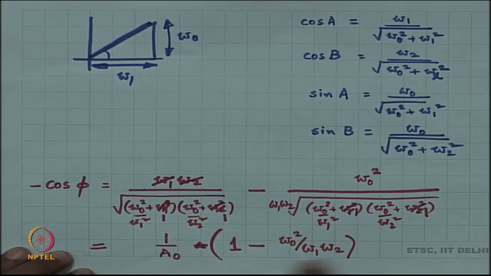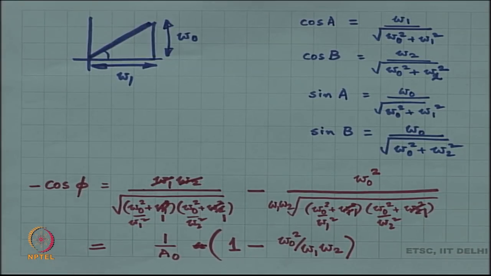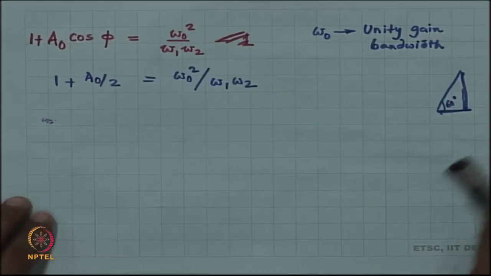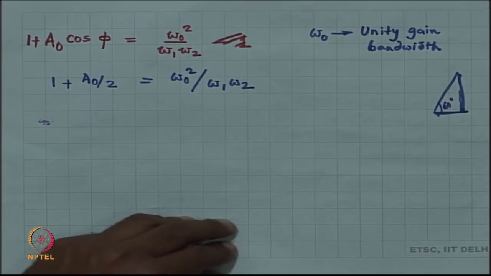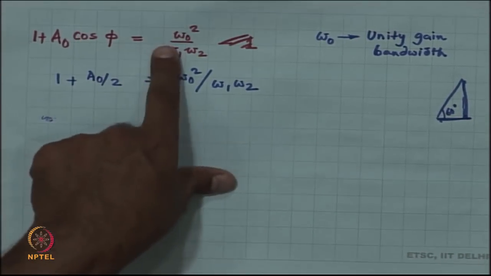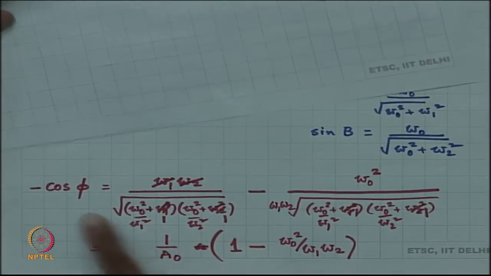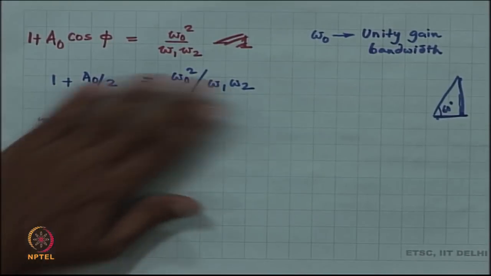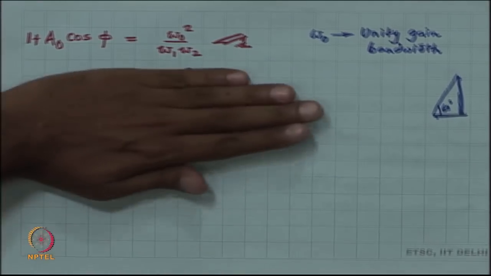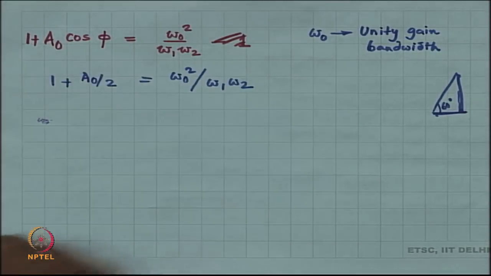Then I plugged in everything, and this is the simplified expression that I got. And at the very end I had found that 1 plus a naught cos phi can be simplified, and we got this. Let us leave this out. This was an example.